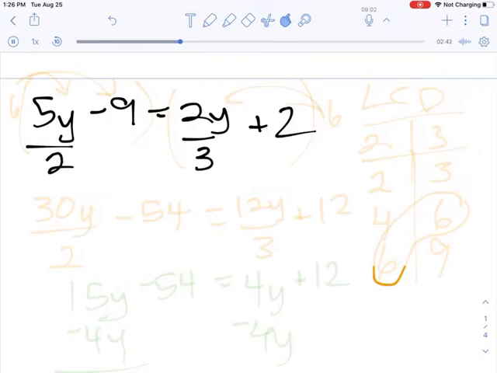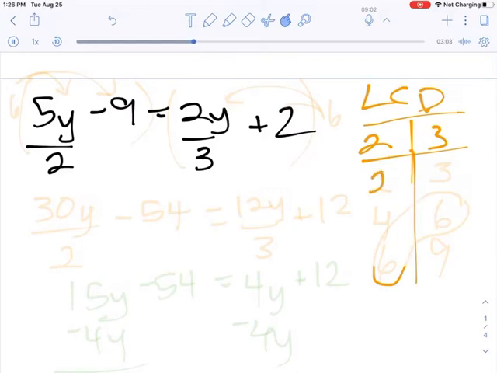So we have 2 fractions, and they're both on different sides of our equation. So we're going to want to clear those fractions out before we start solving. So again, least common denominator. We have 2 as one denominator and 3 as the other. So we're going to go through our multiples of 2 and 3.